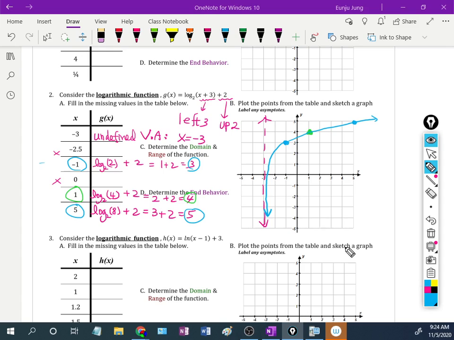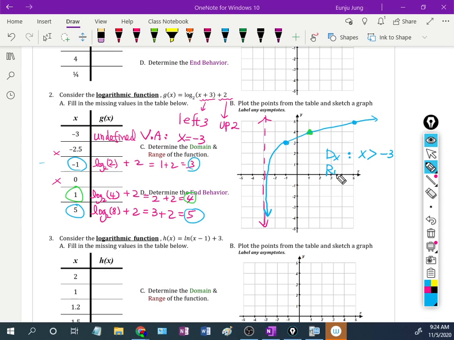Now let's see, we can answer question A, yes we did, B, yes, and C, let's talk about domain. What is the domain of this function? X cannot be any value on the left-hand side of this line, right? So x must be greater than negative 3, that's the domain.